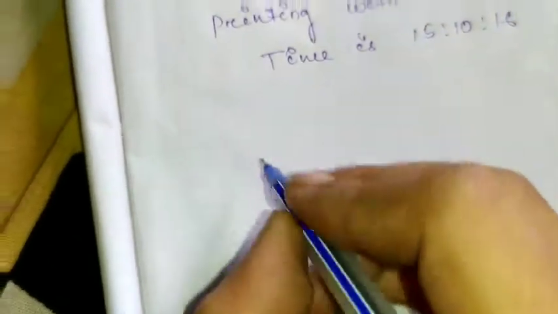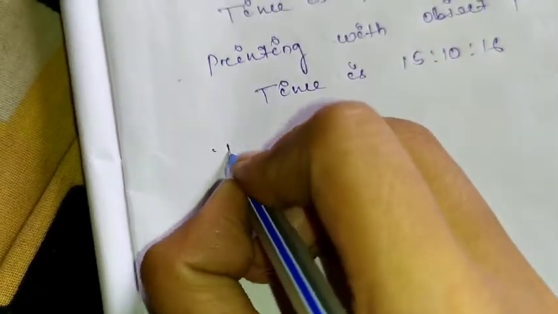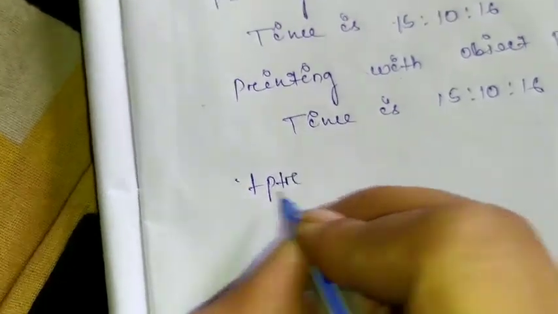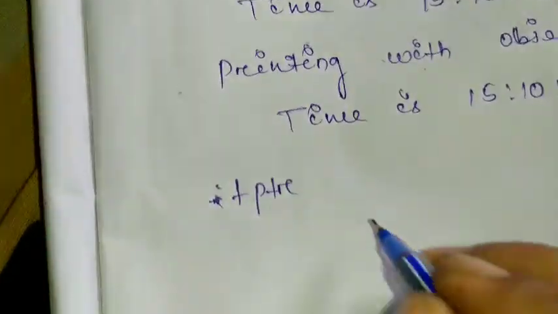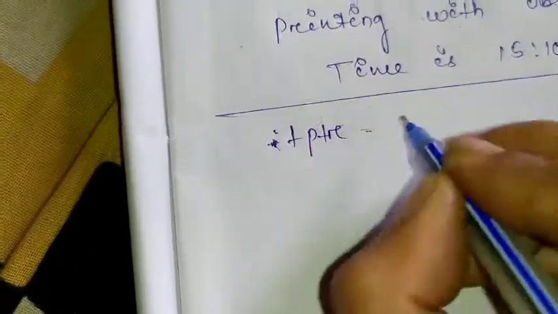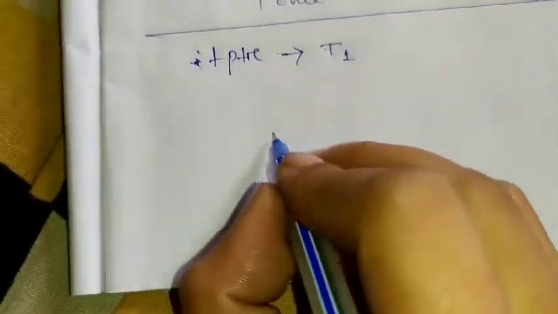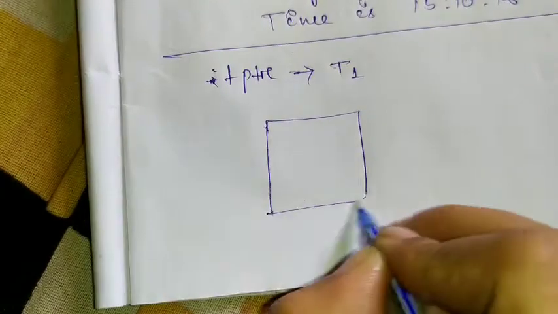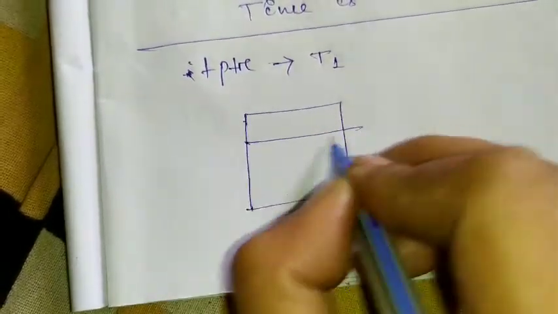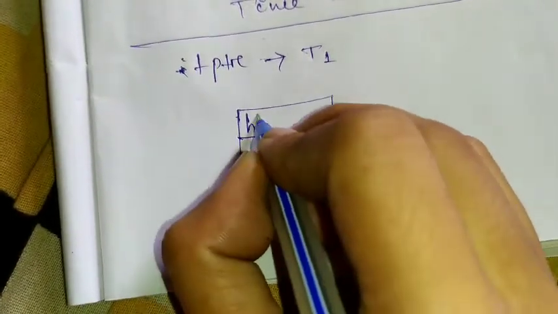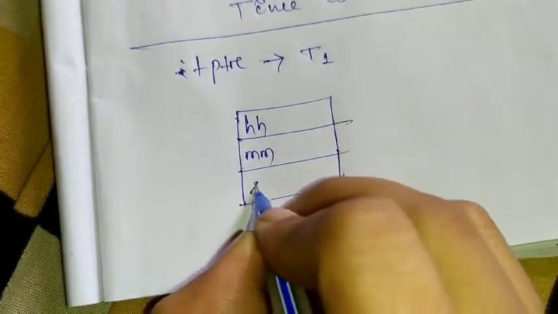Let me explain it with a diagram. That means tptr is a pointer which points to an object T1. It's one object, with space for hour, minute, second.